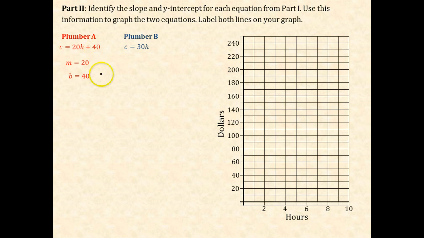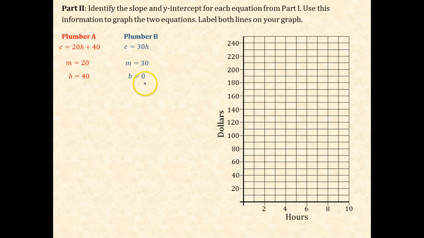Remember, this is because it's in y equals mx plus b format, slope-intercept, where the slope is the number in front of x, and the number added onto the end is the y-intercept. For plumber B, our slope is 30, and our y-intercept is 0.